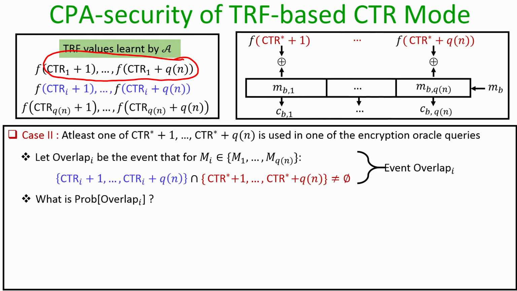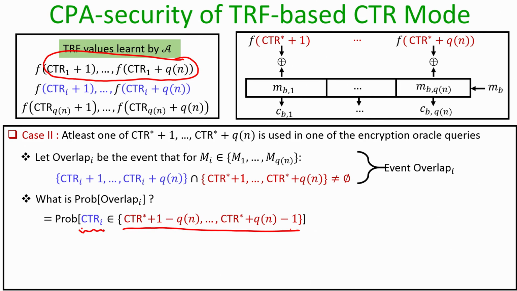That means the probability of the event overlap I happening is the same as the probability that the counter value I, which is used to encrypt the ith encryption oracle query, falls in this range. It should lie in any of these ranges; if it lies in any of them, then the event overlap I could occur. It is easy to see the size of this range.